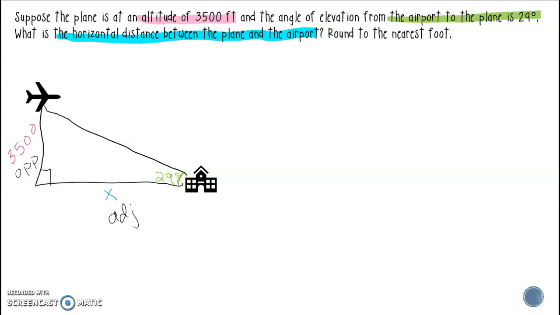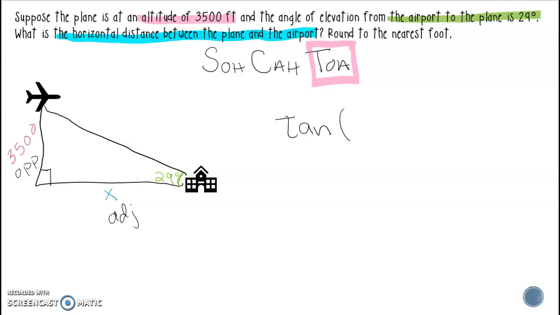The trig function that goes with opposite and adjacent would be tangent. The tangent function is opposite over adjacent. So I can write my trig function as tangent of, well, I know my angle is 29 degrees. Opposite is 3,500 over adjacent, which is x.